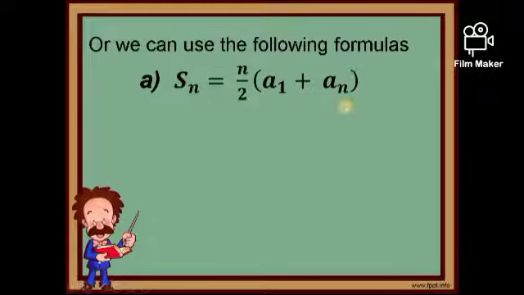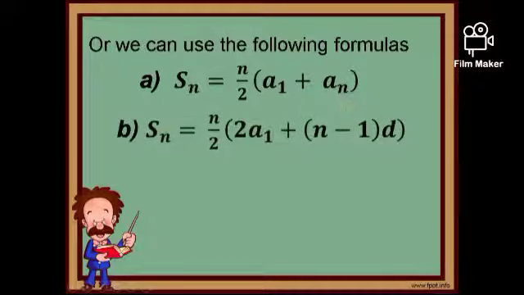The derivation of this formula is in your book, so just open your book and look for it. The second formula is S sub n equals n over 2 times the quantity 2 times a sub 1 plus n minus 1 times d. These two equations are the same thing. Don't worry.